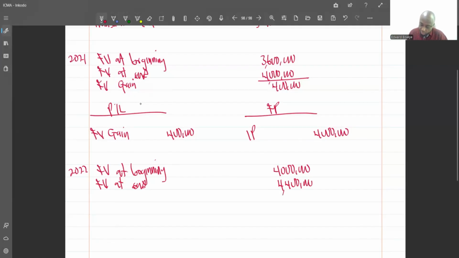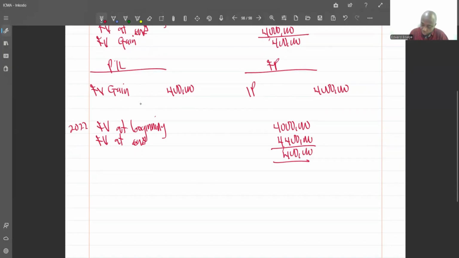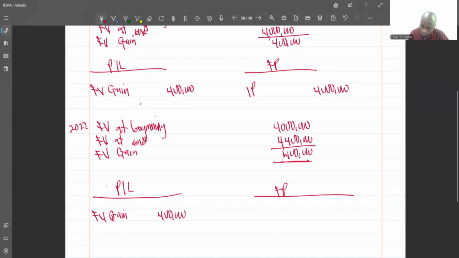So subsequent gains, they are still getting a gain of 400,000. So our P or L again will have a fair value gain of 400,000, and our financial position will have investment property, this time around 4.4.